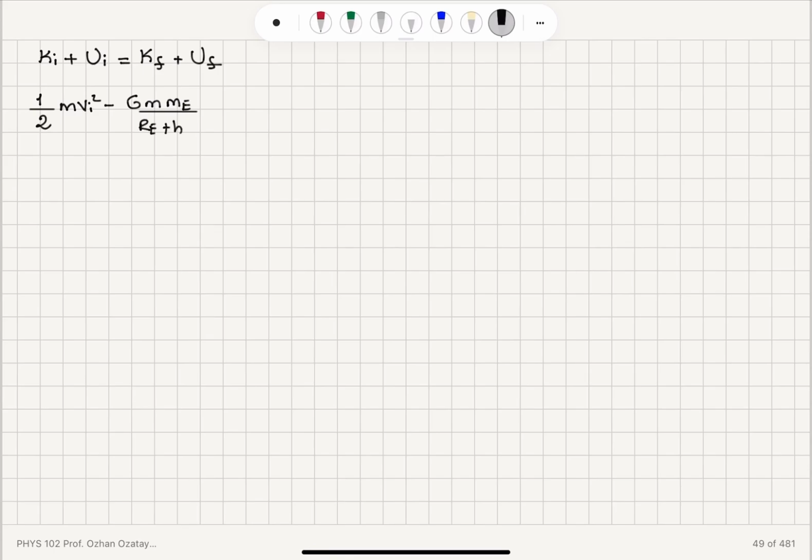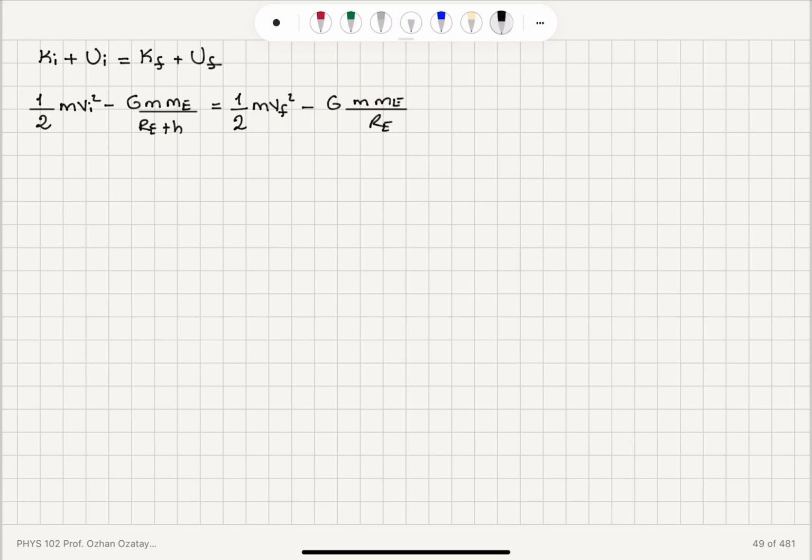And this must be equal to the final energy, which is 1/2 m v final squared, the final kinetic energy, minus G times the mass of the Earth divided by Re, when it hits the Earth's surface.